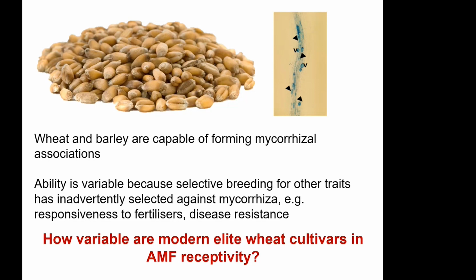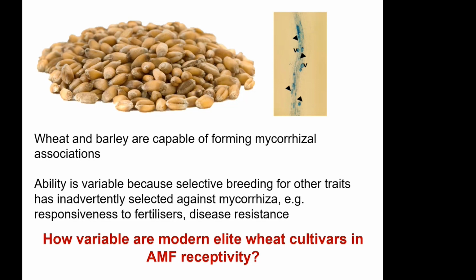But what's interesting is that the ability to form functional associations is really variable. And that's mostly because of selective breeding for traits such as resistance to disease and responsiveness to nutrients applied. So fertilizers, pesticides, etc., has inadvertently selected against being mycorrhizal.